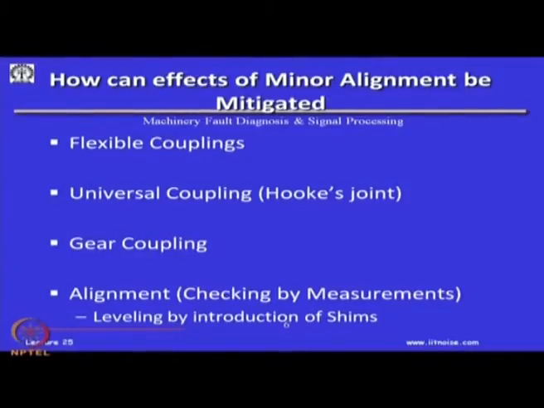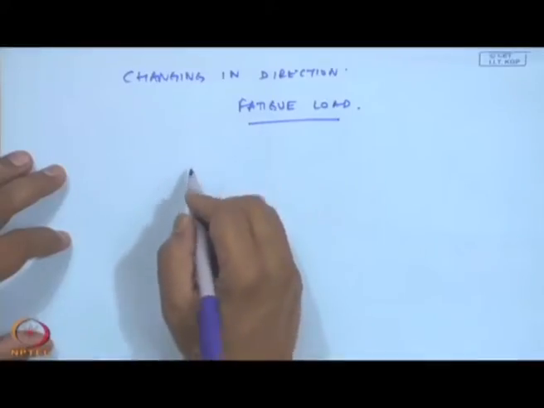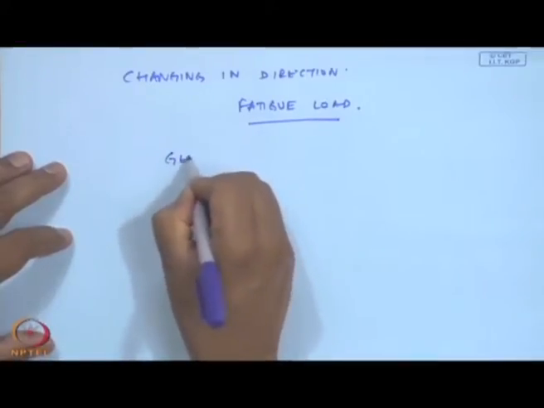So, how can this misalignment be mitigated? Of course, we just discussed flexible couplings, and then we have the universal coupling, and in the industry, particularly when we have a lot of high torque and power being transmitted or converted, we have what is known as a gear coupling.